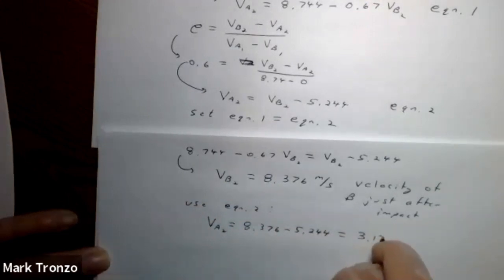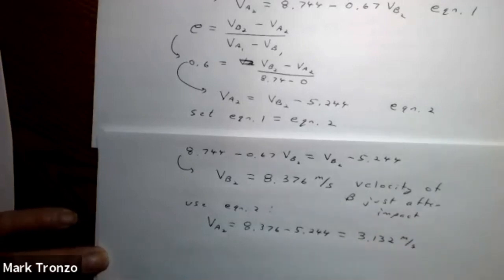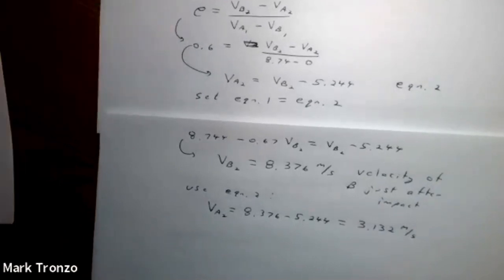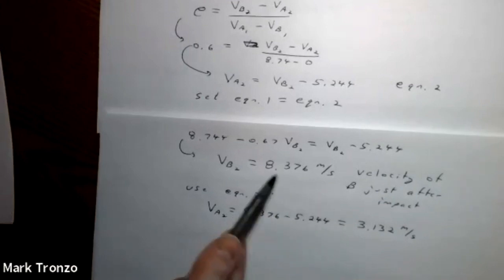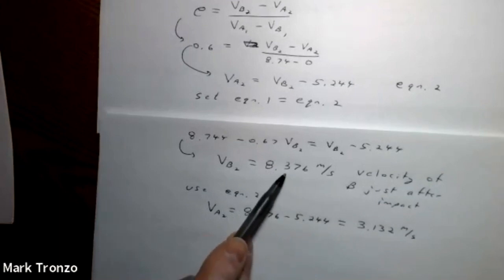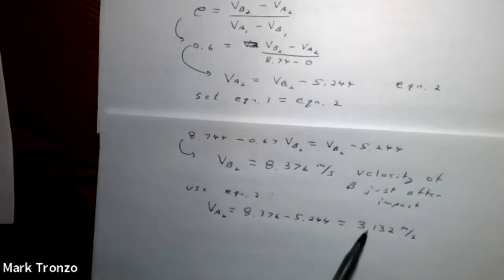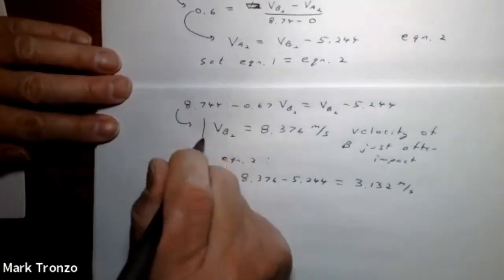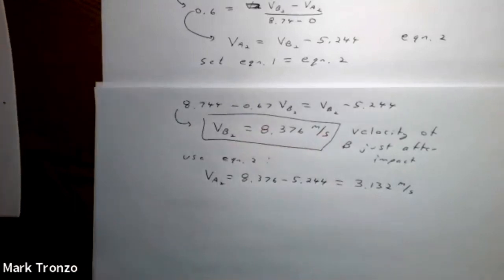So this is 3.132 meters per second. We mainly want to be sure that B is moving faster than A. If it wasn't, there would be something wrong, because B is going to the left. So A either has to be moving at the same speed, slower, or it could move to the right. But what happened, we ended up being, so that checks out. But the main thing that we needed was that velocity of B.